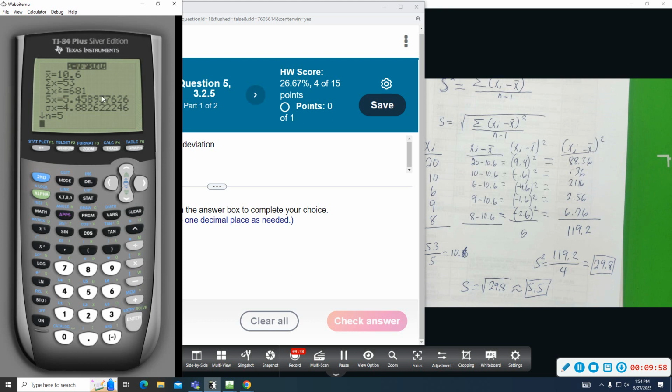You just square that to get your variance, which we already worked out by hand. They also give you the minimum and the maximum. You can use those to find the range when you find the measure of spread. And as we mentioned before, you got the median there as well.